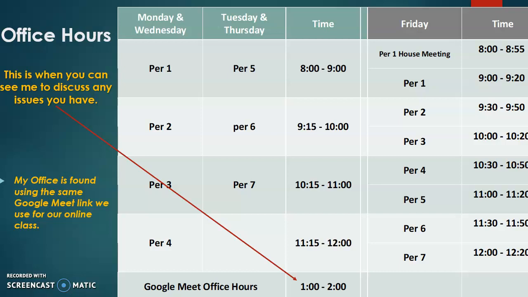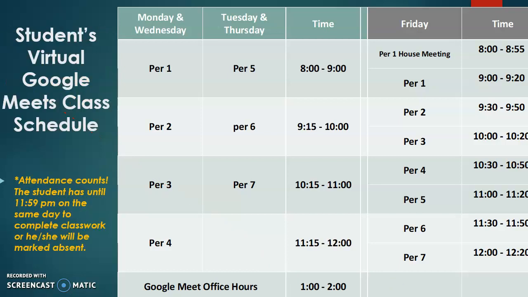My office hours are between 1 and 2 p.m. And it's found in the Google Meet link, all right, that you already saw in Google Classroom. So you can come in and see me at any time and ask me whatever questions. You need tutoring? I'll help you. You have other issues that you need to talk to me? You can still see me.